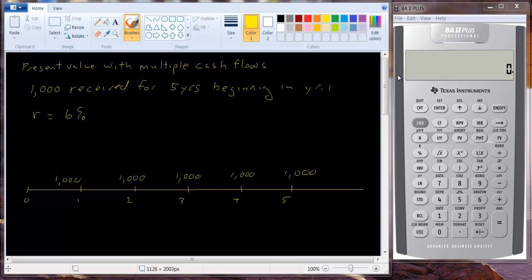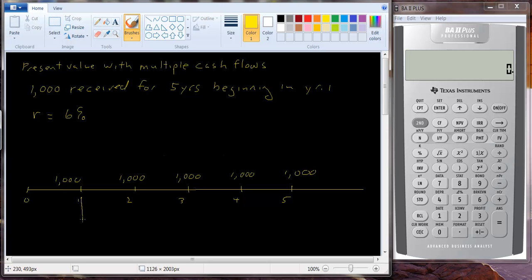So let's look at how we would calculate this. Well, what we want to do is find the value of each one of these cash flows, the year 1, the year 2, the year 3, etc., at time period 0, and then we can add them up. So let's do that. To find the present value of the cash flow in year 1, we simply bring this back one period.